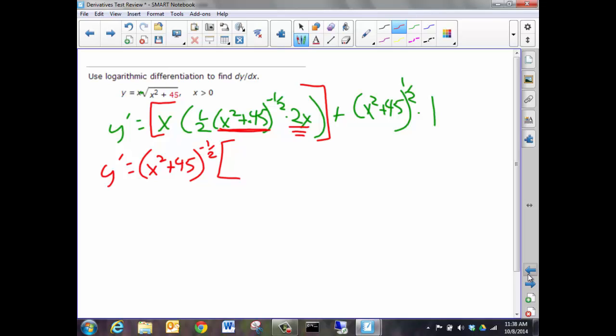X squared, because the 1/2 and the 2 factor out, cancel out, so I'm just left with this x and this x. So I get x squared plus 1 times all of this. This is going to be just to the first power. How do I get x squared plus 45 to just be to the first power there?